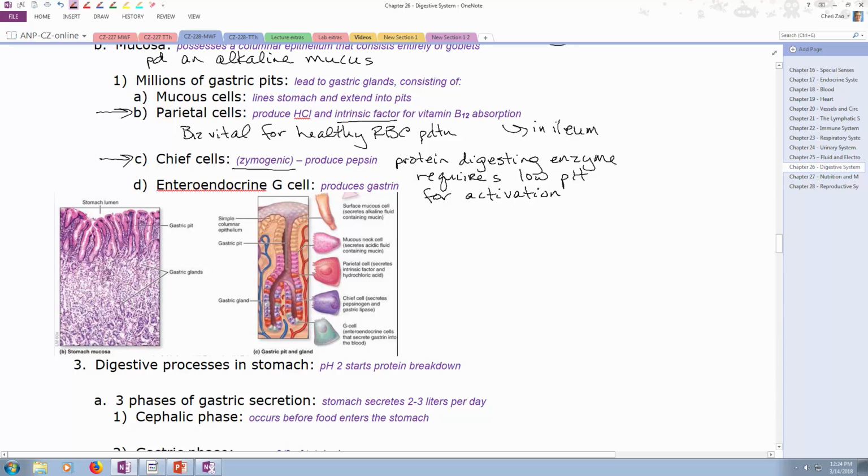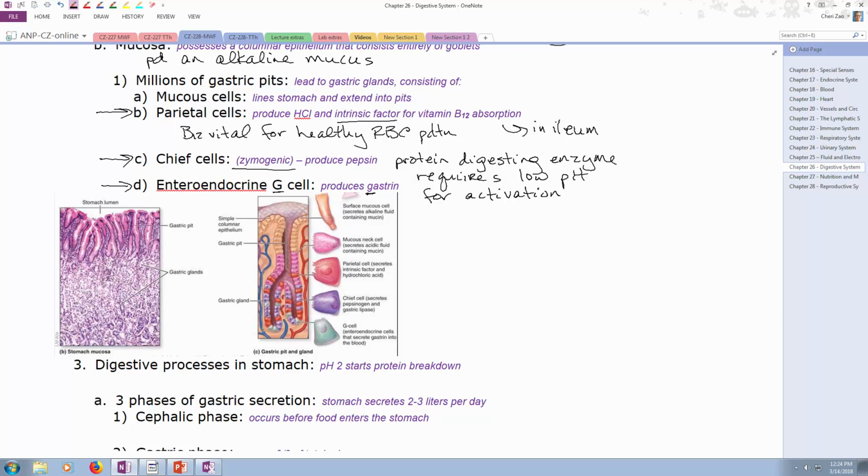There are also, and you can't see these without a special stain, enteroendocrine G cells. They're called G cells, which is nice because they produce the hormone called gastrin, which is designed to increase gastric juice production. So gastrin increases gastric juice production.